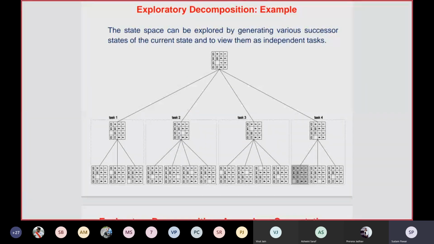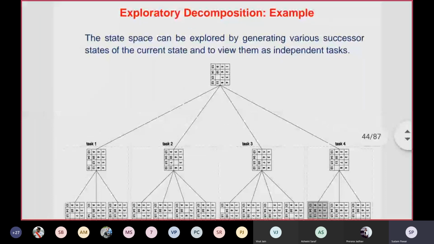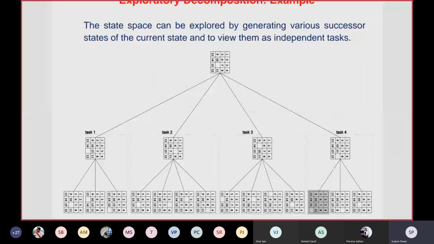For convenience, we have decomposed the task into four subtasks: task 1, 2, 3, 4. It depends on the movement of your tiles, moving towards the left, right, up, down. Your initial or source state is shown there, where the 11th position is blank.